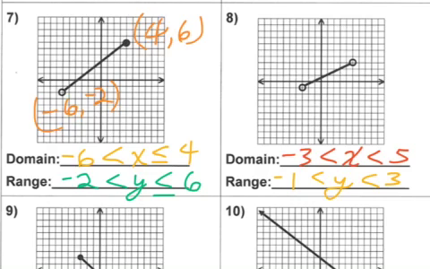Our domain is -6 less than, open circle, just less than x, less than or equal to 4, because it's a closed circle. And obviously you can read the range and the domain on both. Note that these are both open circles, so we just have the less than symbol, not less than or equal to. All right, you may want to hit pause if you have not finished copying all this down.